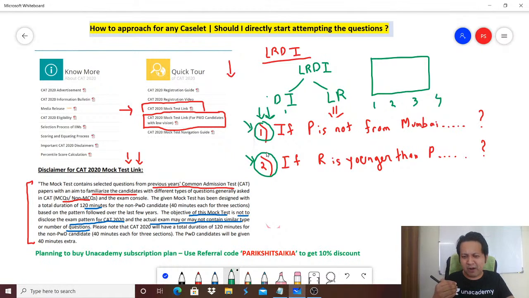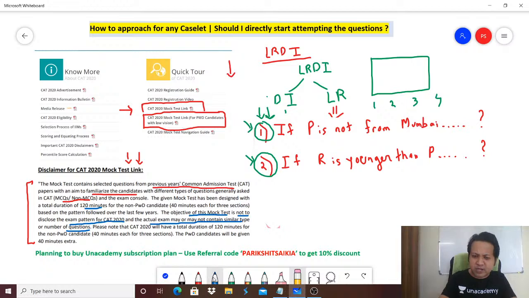What is the good part about it? If you are able to solve the caselet and there is no additional data, all the 4 questions underneath the caselet, you will get correct. So definitely keep making sure that you are looking at the options and the questions.